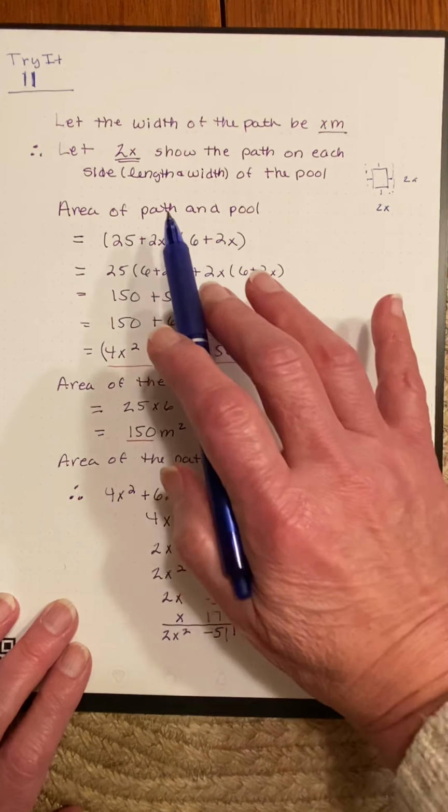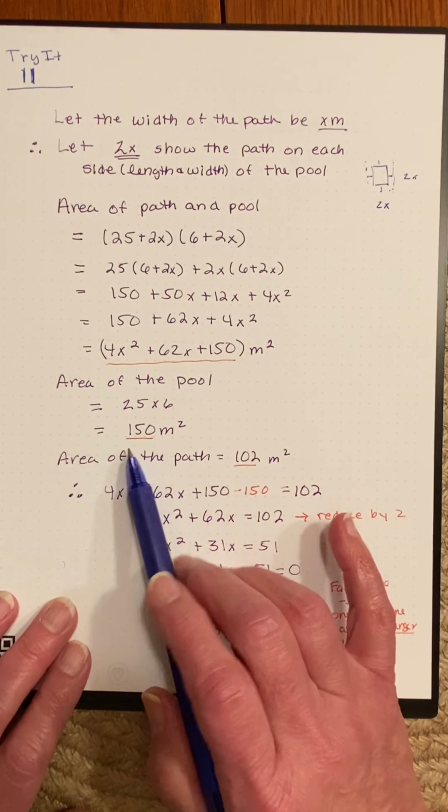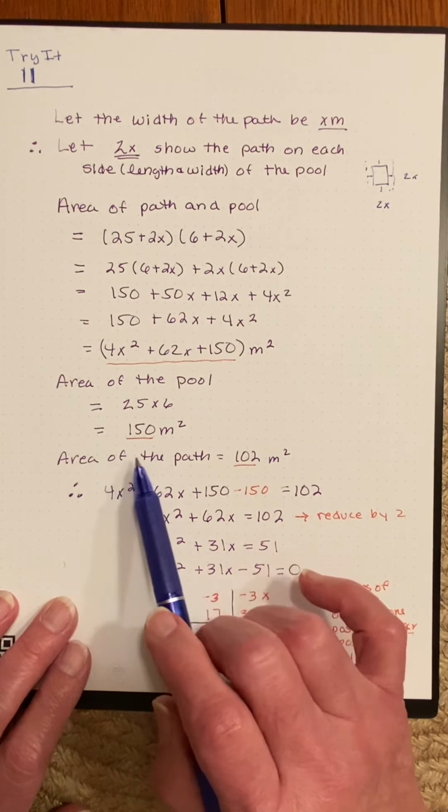Now the area of the pool, just the pool, is 25 times 6. So that's 150 meters squared. Okay, so the area of the path, of course, is 102 meters squared. And right now, I'm going to take the combined area and subtract the area of the pool, because like I said, we don't need it.